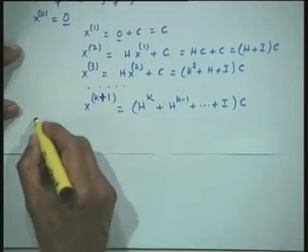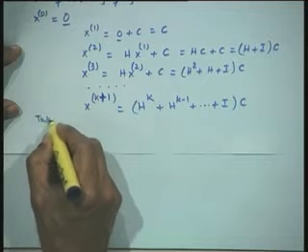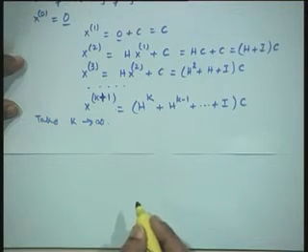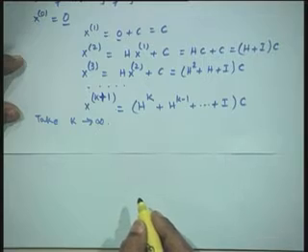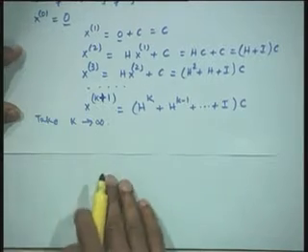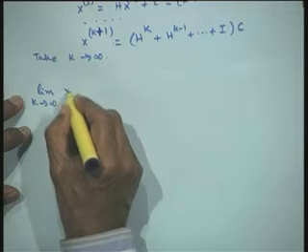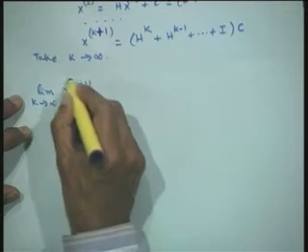Now, take limit, k tending to infinity. So, the left hand side would be limit of k tending to infinity x k plus 1.